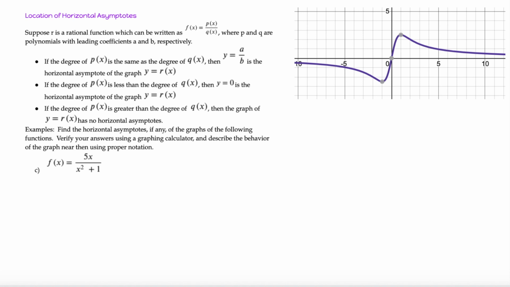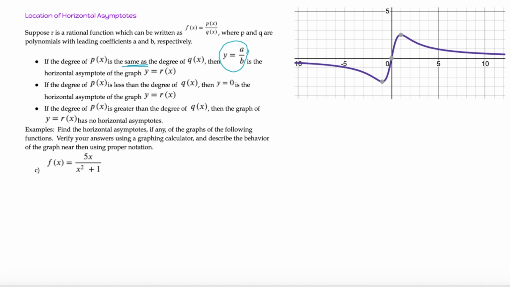So if the degree of the numerator is the same as the degree of the denominator, then our horizontal asymptote will be a over b, where a is the leading coefficient of the top and b is the leading coefficient of the bottom.